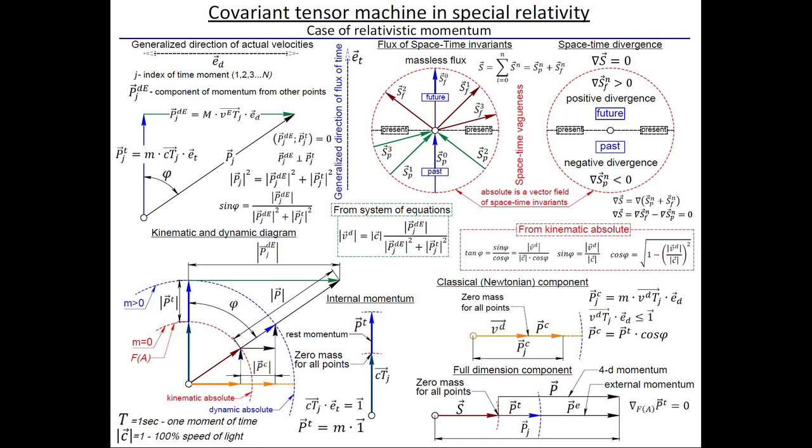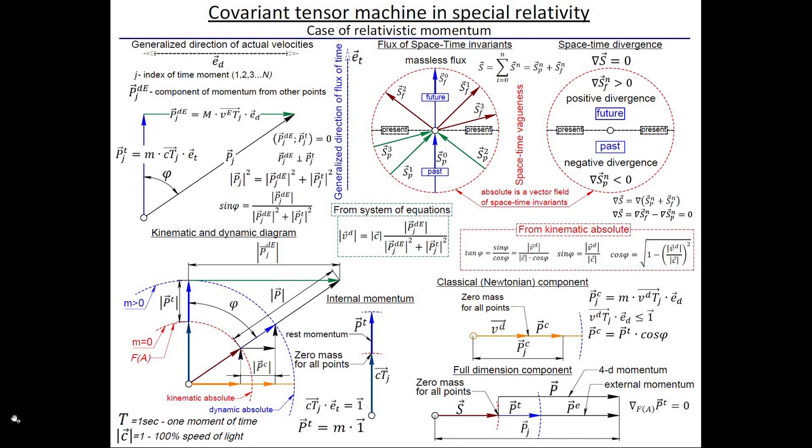Here you can see the graph-analytical connection between the two vectors Ptj and Pdej. However huge the momentum Pdej is, the actual velocity Vd can't be bigger than the speed of light. For equality of actual velocity and speed of light, an infinite invariant of Pdej is demanded.